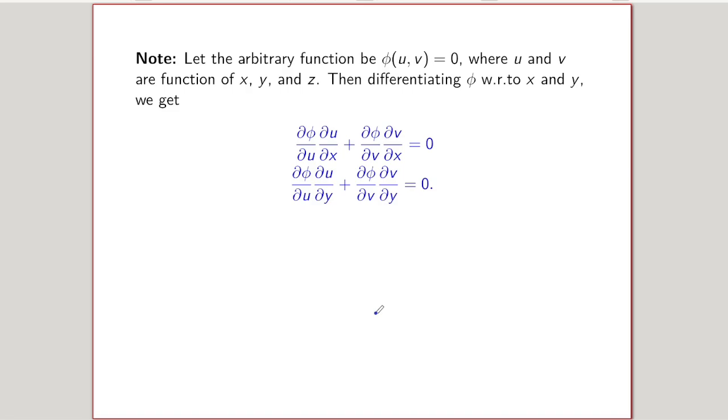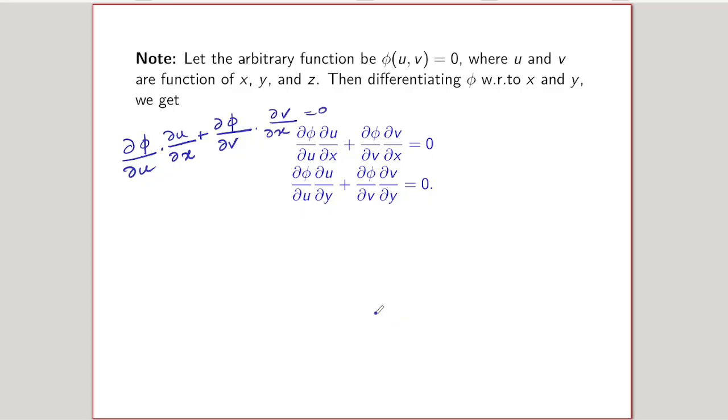Note that if we are differentiating phi with respect to x, first we have to differentiate phi with respect to u, and then we differentiate u with respect to x. Similarly, since another term v is also there, we differentiate phi with respect to v and then v with respect to x. So this is our first equation.